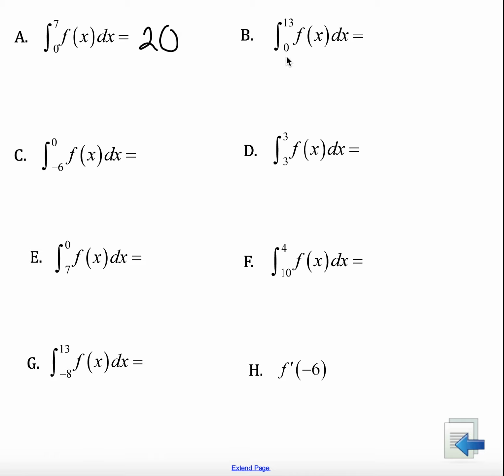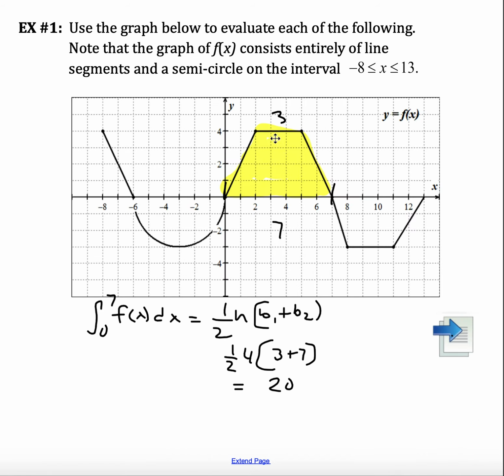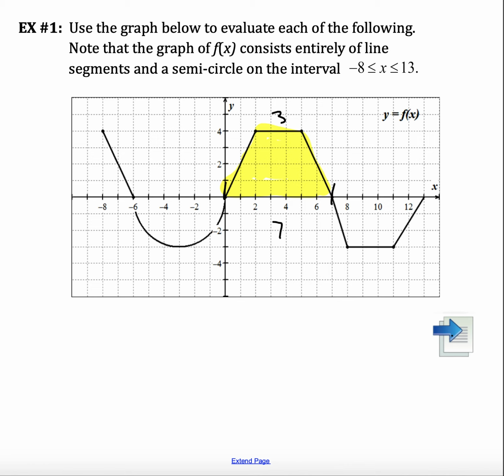Now they want us to get the area for B from 0 to 13. So if I go back from 0 to 13, well, I know I have to add these areas, right? From 0 to 7 and from 7 to 13. And one's negative, so we already know from the previous lesson that when we have a negative area, we're just going to subtract it.